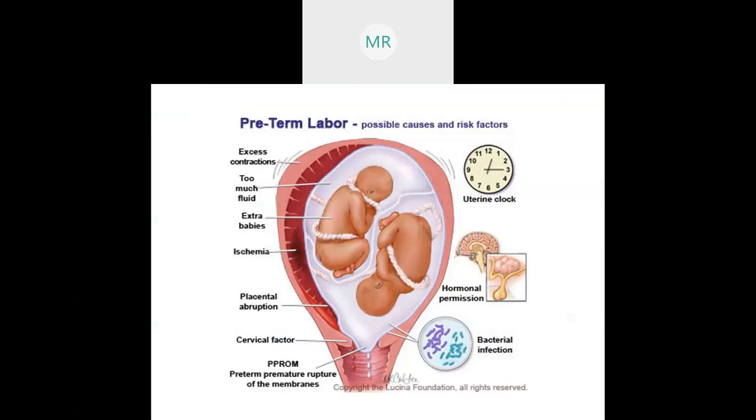Many more possible causes here: too much fluid, extra babies, hormones, bacteria, the uterine clock. The uterus just thinks that it's ready to be born. PPROM. Sometimes the cervix just wants to dilate.